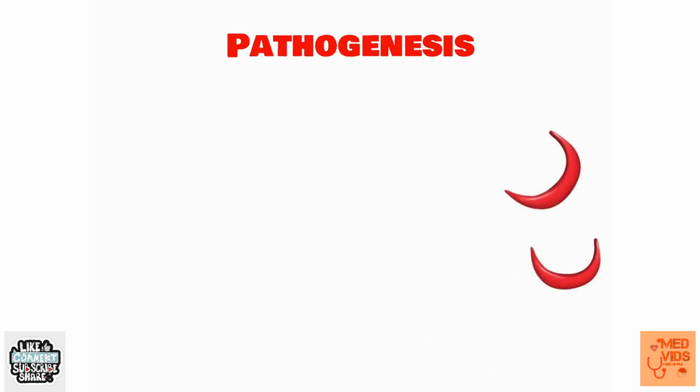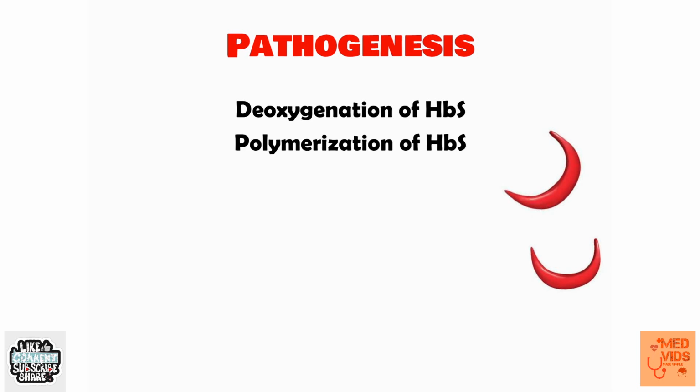Now, let's talk about the pathogenesis of sickle cell disease or sickle cell anemia. Deoxygenation of hemoglobin S is the primary event in the formation of sickle cells. This deoxygenation can be precipitated by various triggers like infections, dehydration, and many other factors.